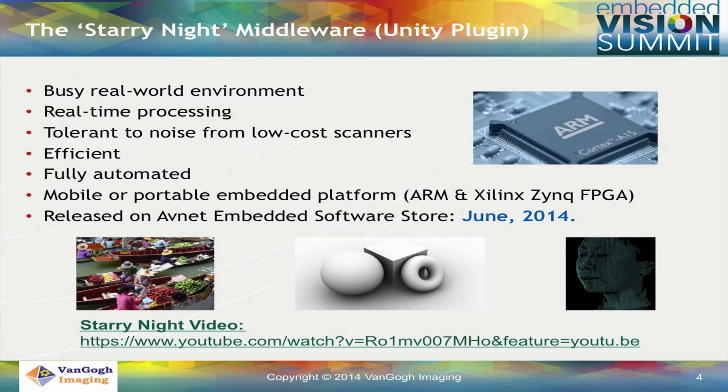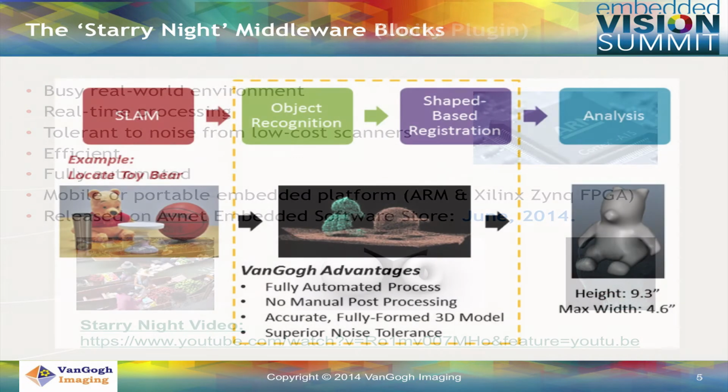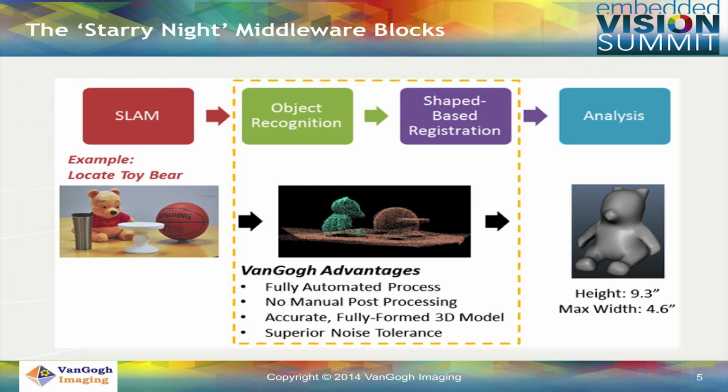So we developed this function, which will be out next month. We're putting it on the Avnet embedded software store as a free beta version. It has 4 different functions within the subsystem. First is capture, for which we use SLAM.